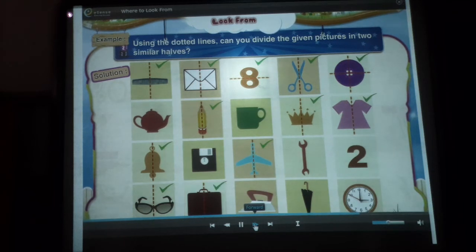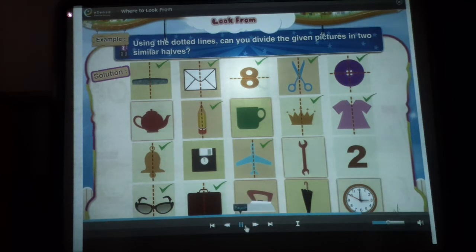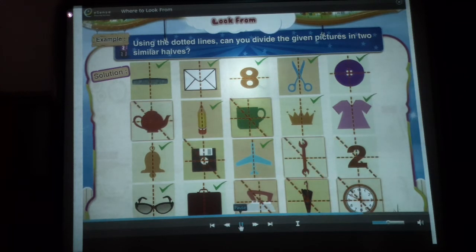While in the pictures of kettle, teacup, spanner, iron, umbrella and the clock, even if we draw any of the horizontal, vertical or slanting lines, they will not divide it into two exactly same parts.